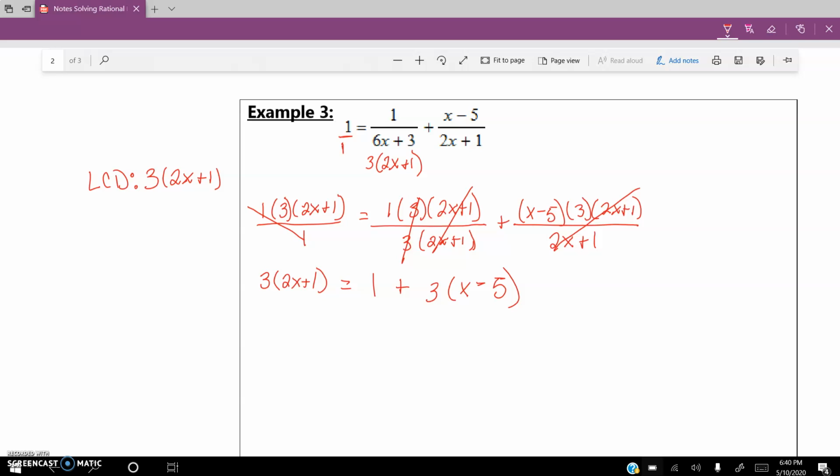We can go about and simplify. So I have 6x plus 3 is equal to 1 plus 3x minus 15.